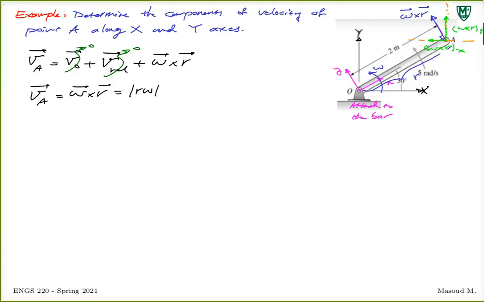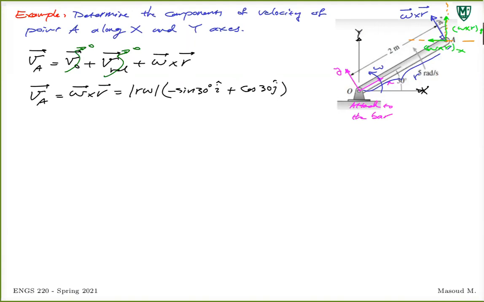And since this is 30 degrees, this is 30 degrees, so that'll become minus sine 30 degrees I plus cosine 30 degrees J. Right?